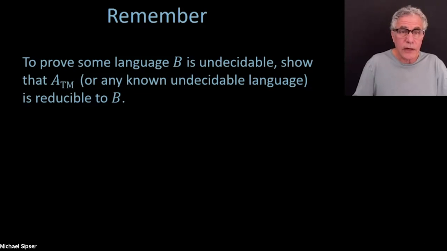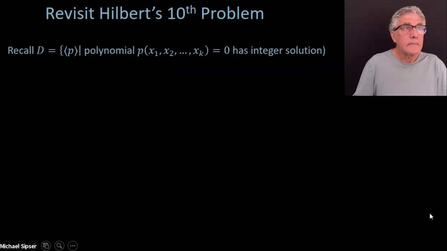All right, so we are now going to start off by remembering Hilbert's 10th problem, which we discussed briefly a few lectures back. As you may remember, that's a problem where you're given some polynomial over several variables, like 3x squared y minus 15z plus 2xz equals 5.